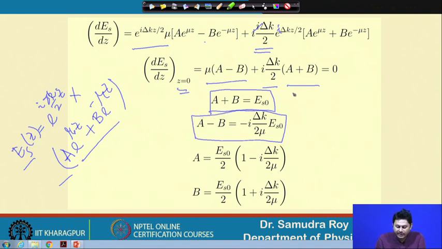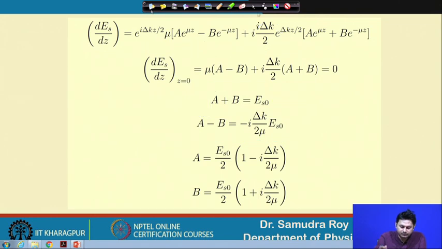Once we know A plus B and A minus B, I can solve this and find A and B as Es(0)/2 times (1 minus i delta k by 2 mu) and Es(0)/2 times (1 plus i delta k by 2 mu). So, A and B values I can figure out.